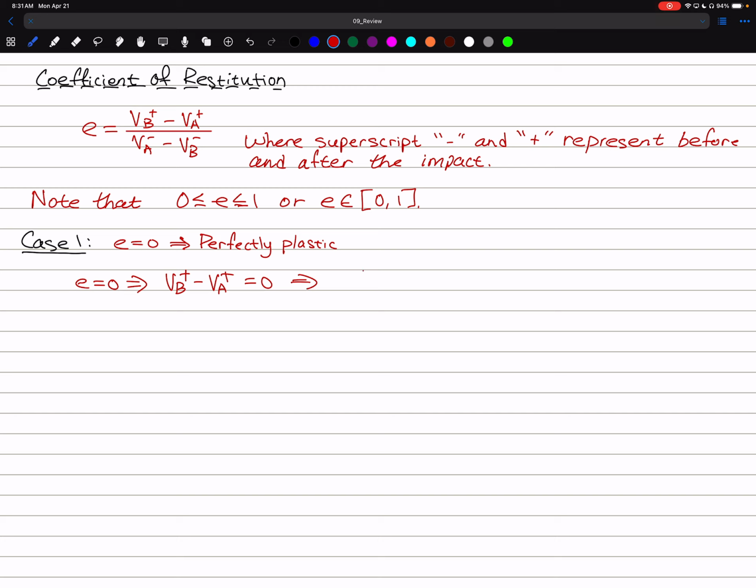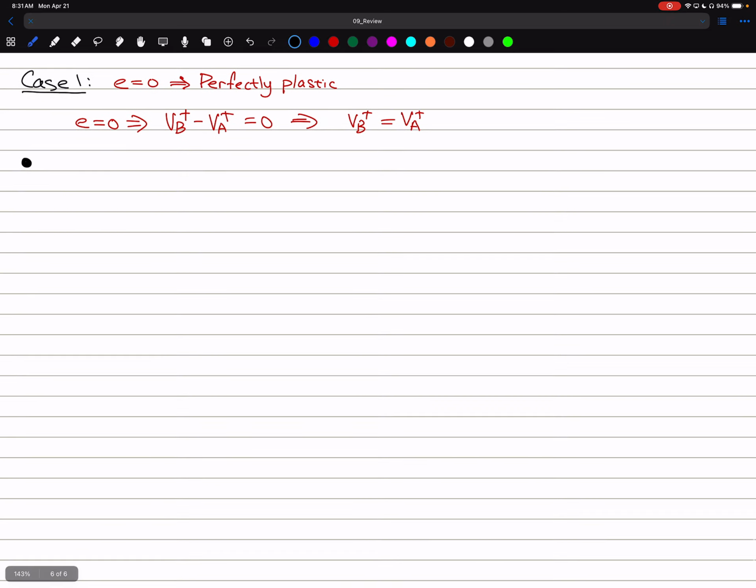In other words, after the impact, the two objects are going to stick together and move with the same speed.